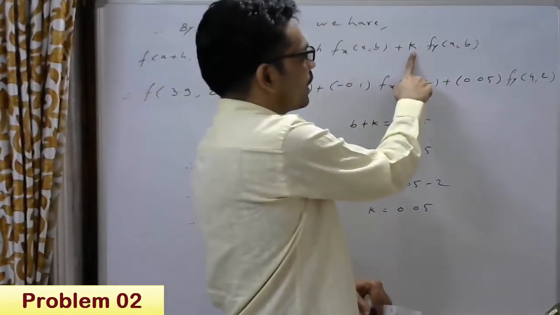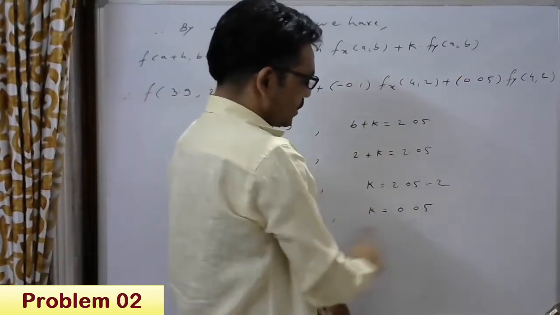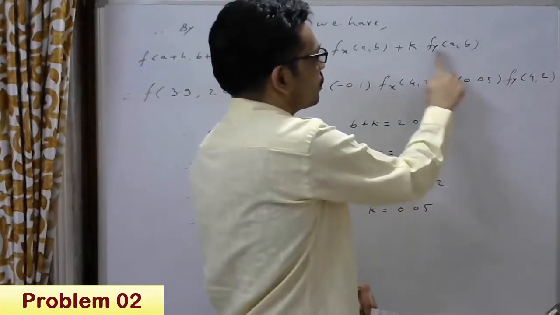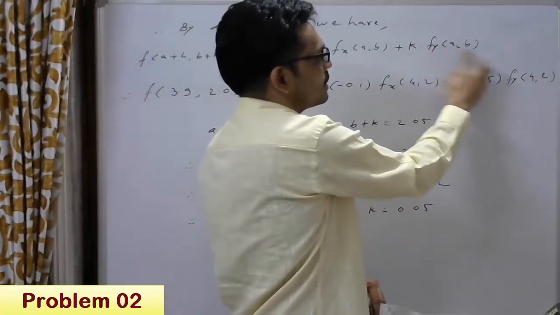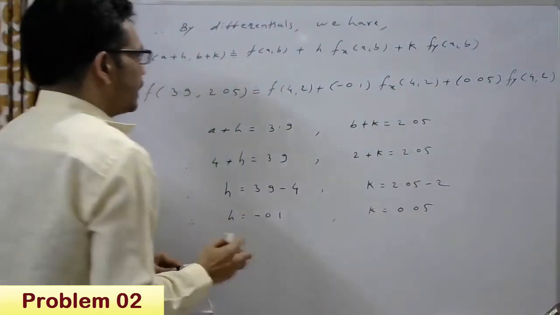The value of k is 0.05, times f_y at the point (a, b), with a equal to 4 and b equal to 2.